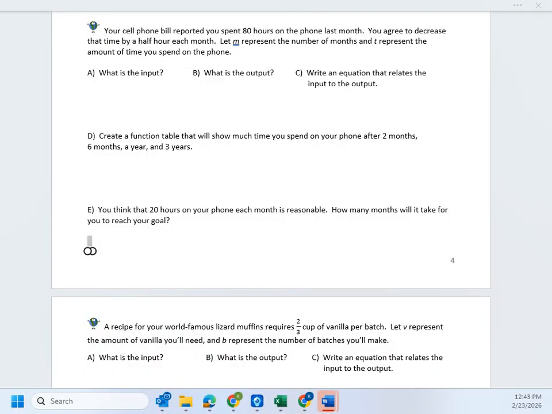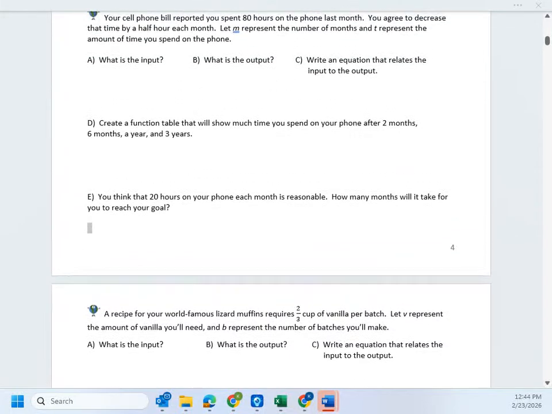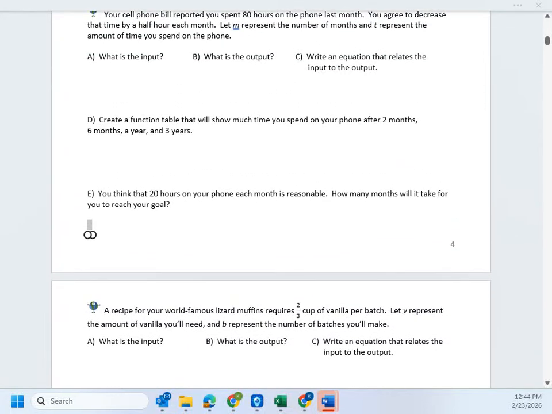So, if we look up here, it says let M represent the number of months and T represents the amount of time. So, is this time or is this months? When I look at my question, how much time if you put in 2 months?